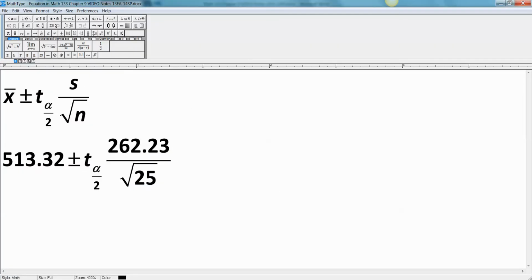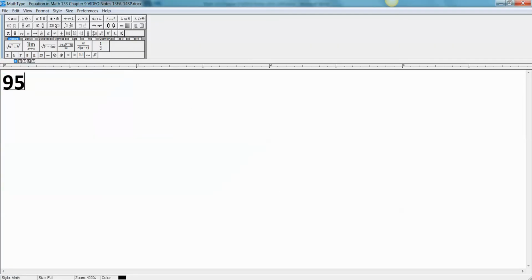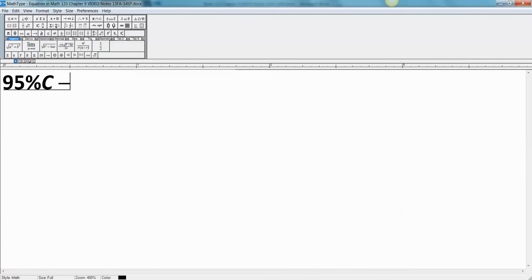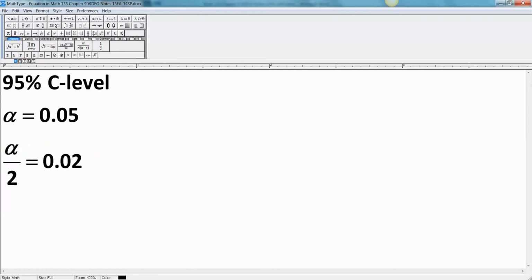All right, so remember, we have a 95% confidence level. That means that alpha is 0.05, right? Because they're complements of each other. That means that alpha over 2 is 0.025.